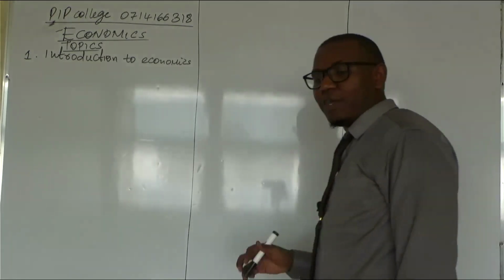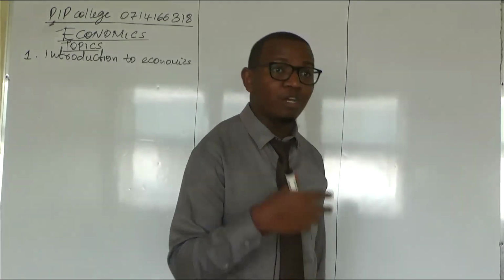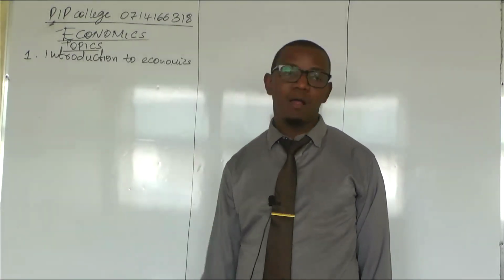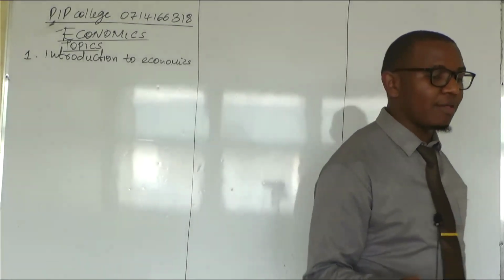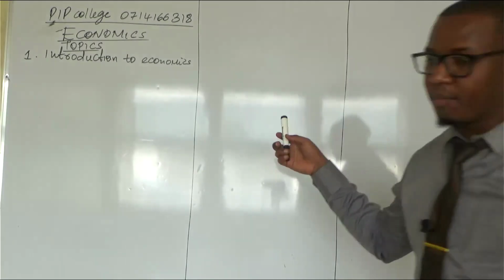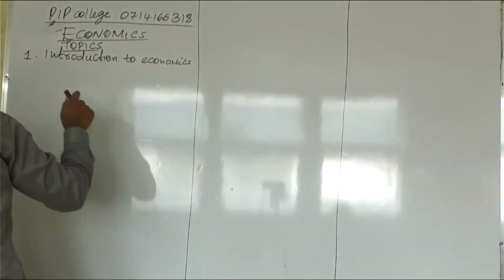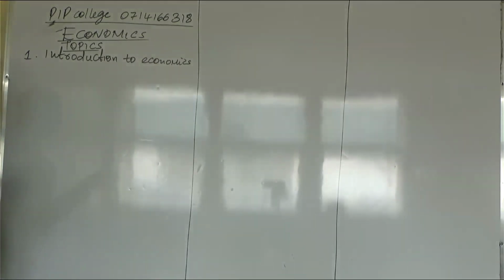On the scientific methods, we'll know how you can develop a theory, the process of coming up with a theory. And then we'll also talk about the economic system. That is basically the introduction to economics.